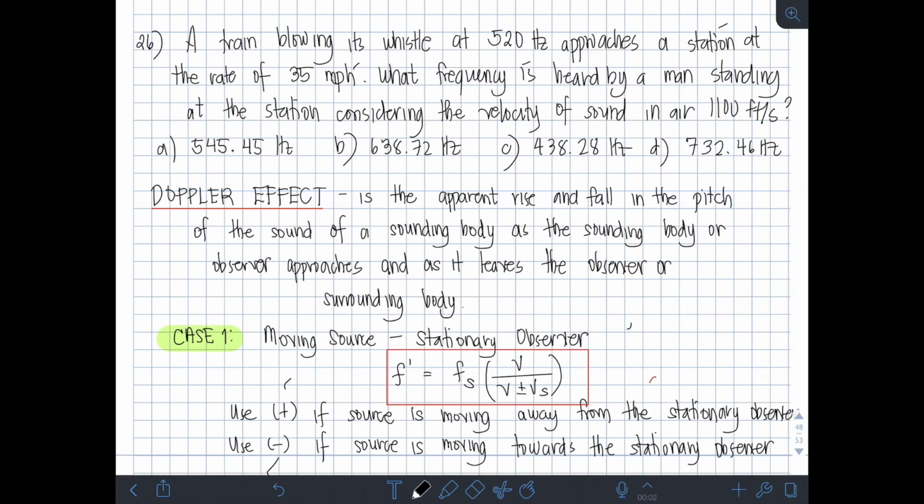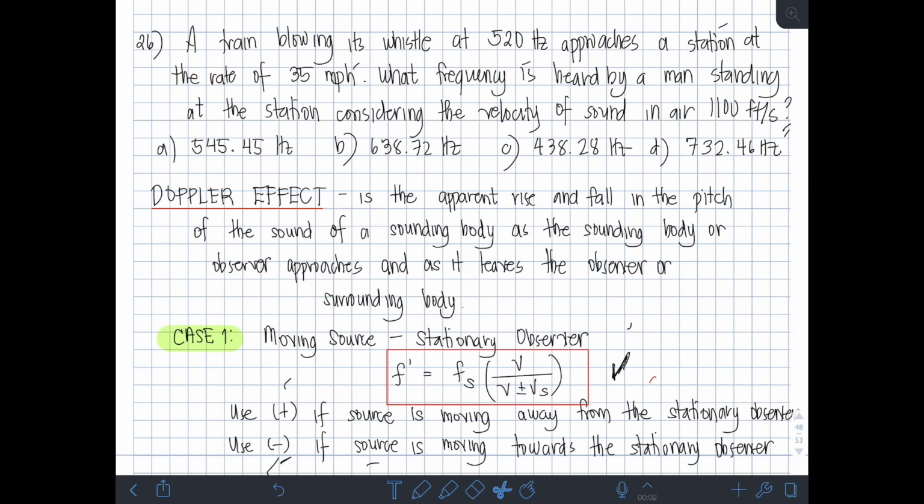So, ano raw yung frequency heard by the man standing at the station considering the velocity of sound in air? 1,100 feet per second. Okay, so ito yung gagamitin nating formula, yung case 1. Pero anong sign, plus or minus? So, dahil nga moving towards the stationary observer yung source natin, minus. Okay? So, copy natin to, yung formula na to.